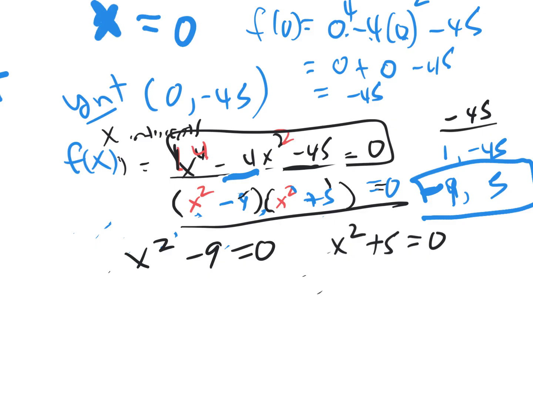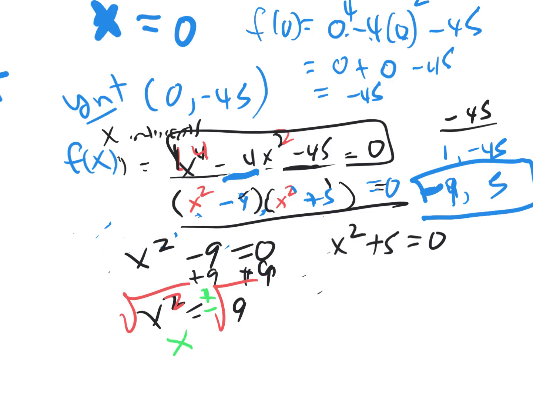If I add 9 to both sides, I get x squared equals 9. But I need to know what x is, so I'm going to get rid of the squaring by square rooting both sides. When you square root both sides, you have two answers, plus or minus. So one of my answers for x is 3. The other answer is negative 3. I do the same thing on the other side. I subtract 5 from both sides.